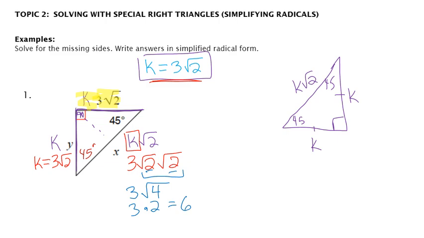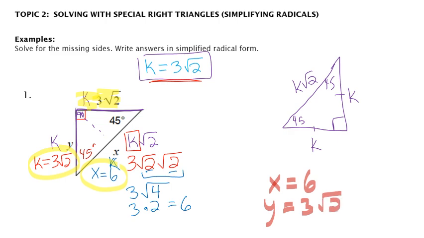And so the hypotenuse is actually 6. So our answers here are x is equal to 6 and y is equal to 3 radical 2. I don't have to solve for that third side. They already gave it to us. And that would be your answer.